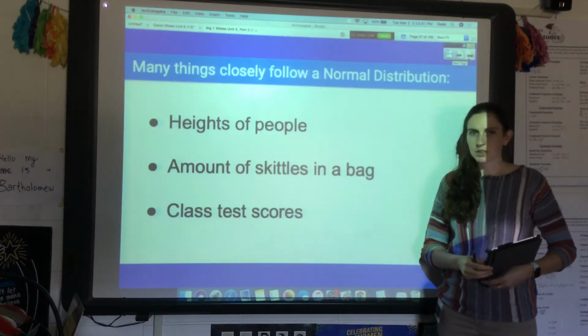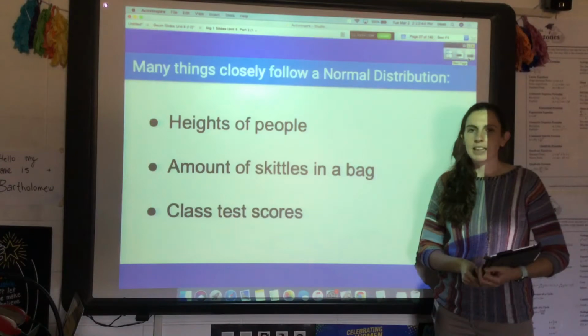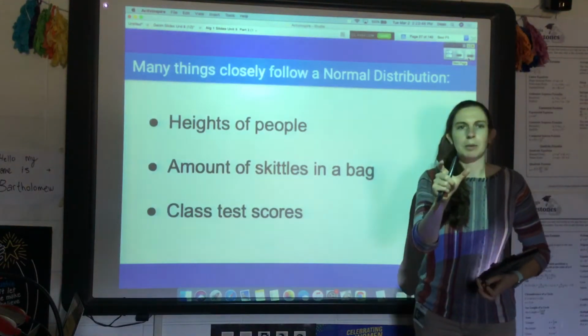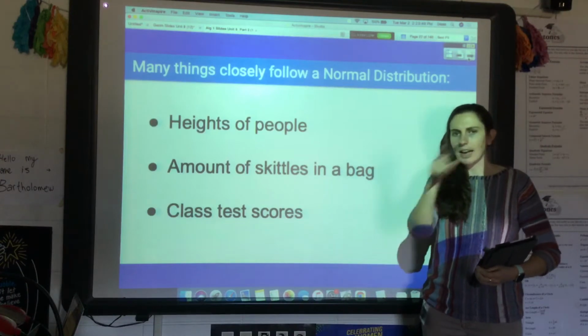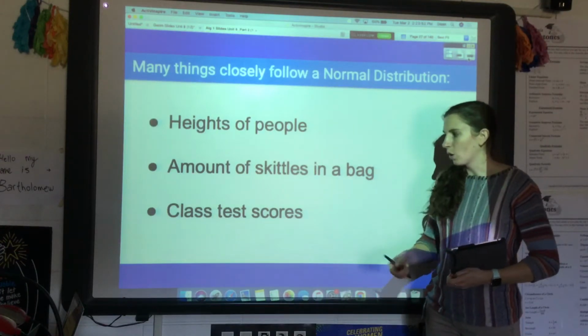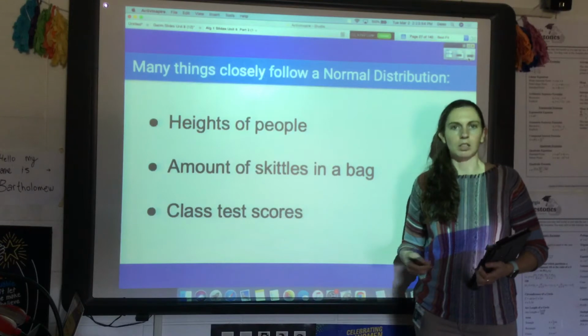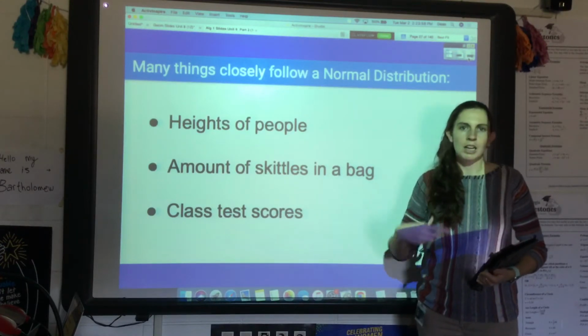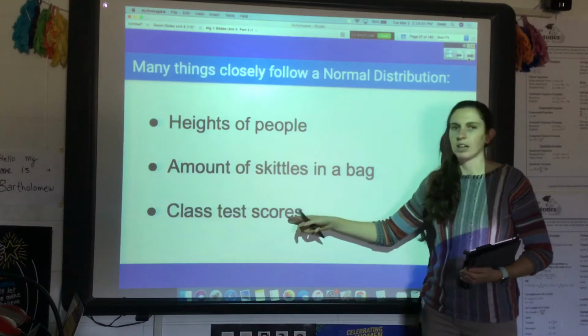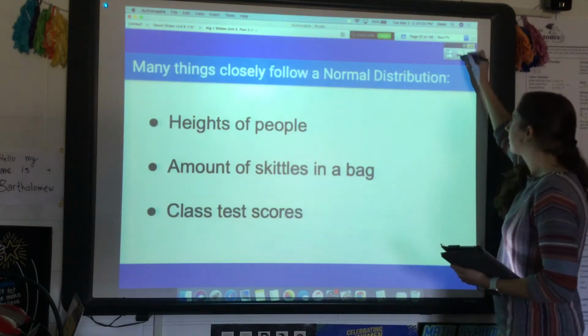Not every bag of Skittles has the exact same amount. They probably all have generally the same amount, but there are a couple that are a little higher and a couple a little lower, and that's a normal distribution. Or usually, class test scores. Most people are right there in the middle with a few high, a few low. That's what people mean when they say they're grading on a curve, because it's a bell curve.